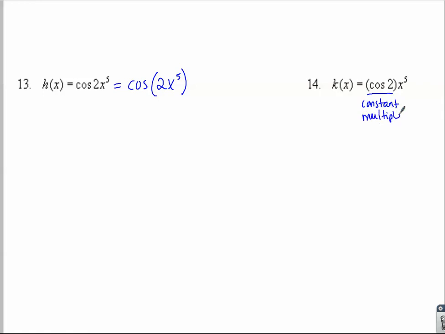Cosine of 2 is a number. It doesn't have an x in there, so it's not a product. And it's not the cosine of something that has an x in there. So when I take the derivative, or get k prime of x, I leave that constant multiple out in the front while I do the derivative of that little guy next to him, 5x to the fourth. That's it. This one is different. This one is the chain rule because it's composite. Let's jam out while we do this one.